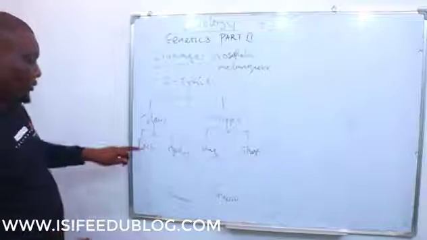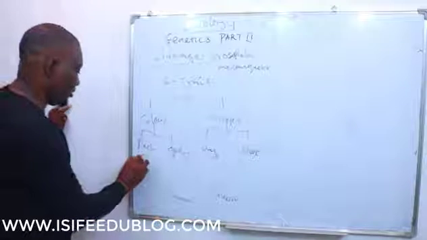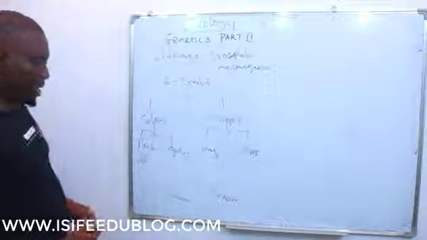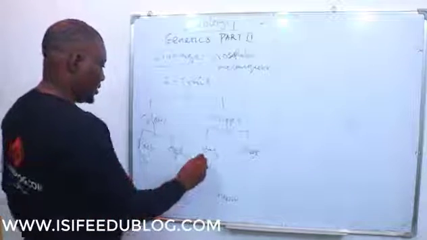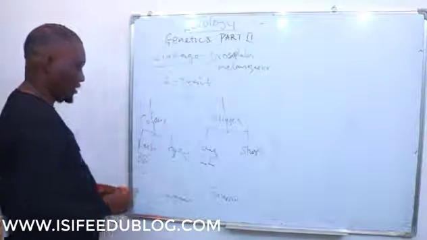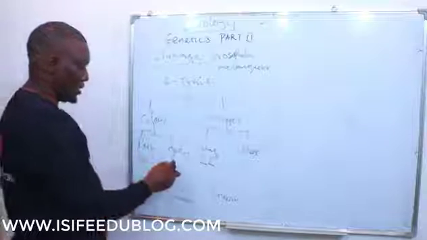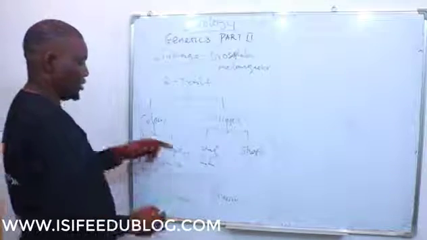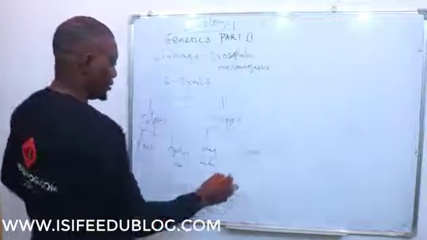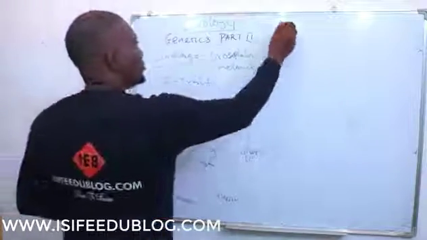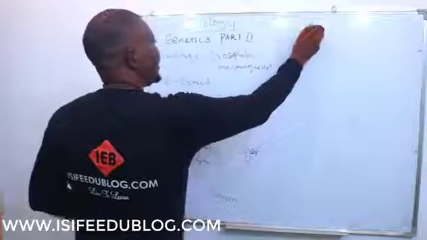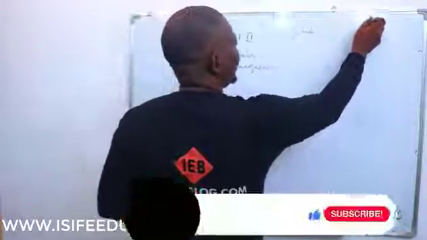If this is dominant, it comes as BB, remember, uppercase letter, and if recessive, it comes as lowercase. So these two give you BBLL times bbll.